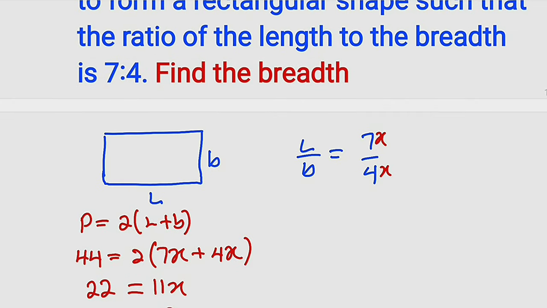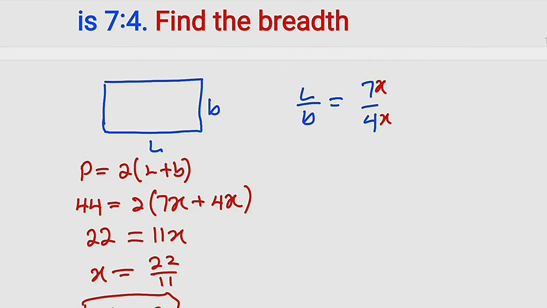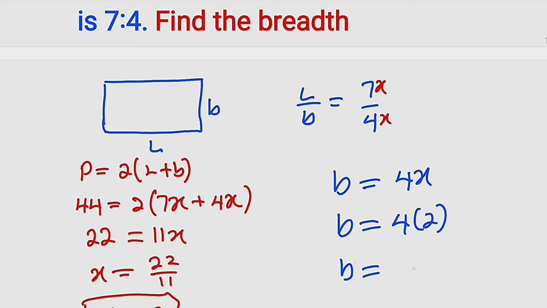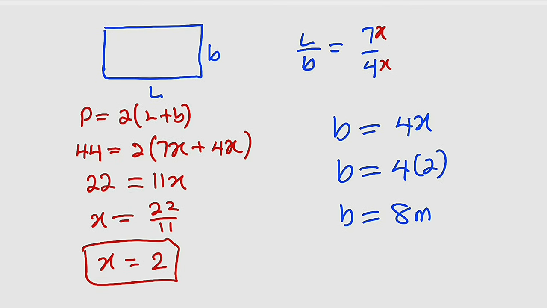We are looking for the breadth, which stands for what? 4x. So the breadth B is equal to 4x. Therefore, B is equal to 4 multiplied by 2 because x is equal to 2. And finally, B equals 8 meters. So the breadth is equal to 8 meters. And this is all about question number 20.